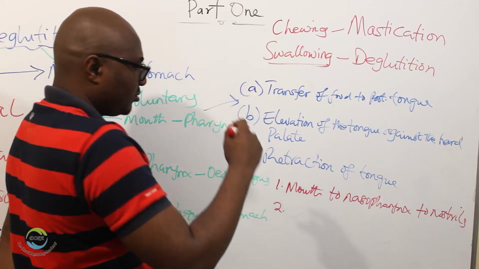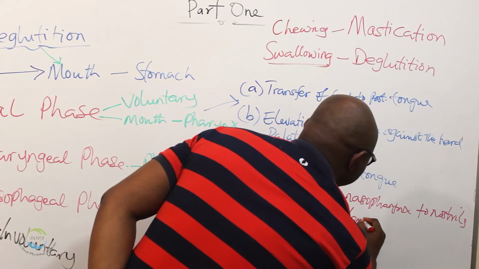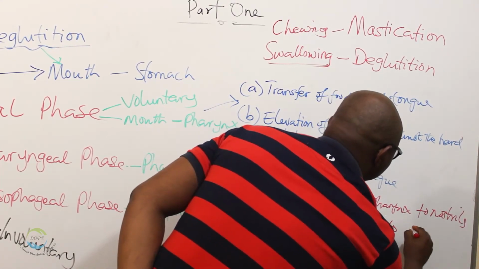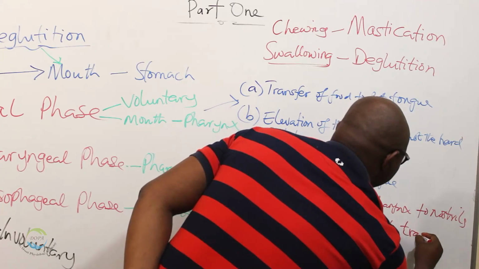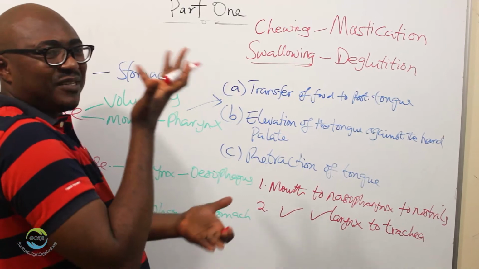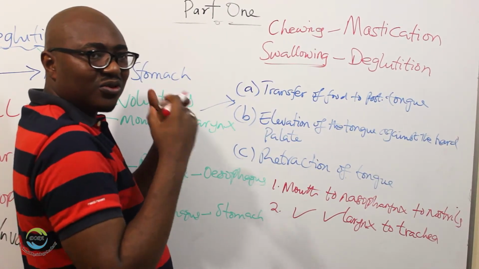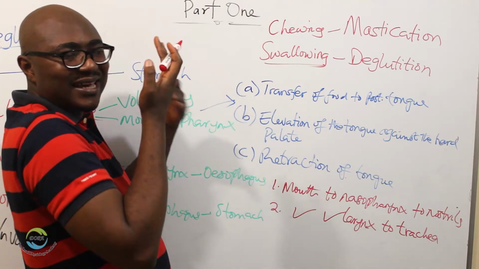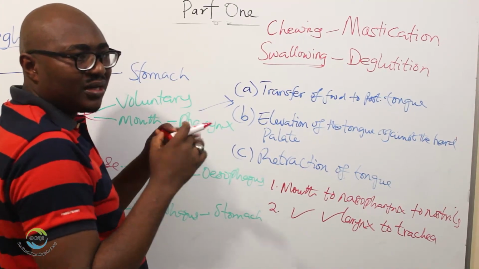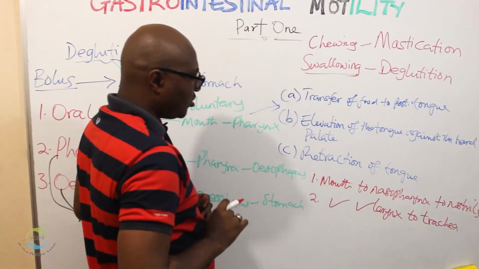Number two is that food can go to the trachea, passing from the pharynx to the larynx. So it passes from the mouth to the larynx to the trachea. You call that aspiration: food content moving from your mouth and entering your lungs to cause inflammation problems for you and cause pneumonitis, that's inflammation of the lungs.